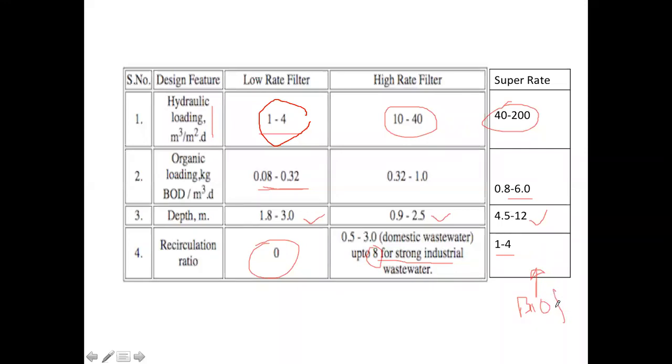Biofilter or biotower, many times it is also called a biotower. Here the medium is not rock or gravel, but a synthetic medium is used in case of super rate filter. So this is used for a very specific purpose. But high rate filter and low rate filter are very common in domestic wastewater treatment. So the depth can be a little bit less, or of the same value, but the performance is achieved by doing the recirculation in case of high rate filter.